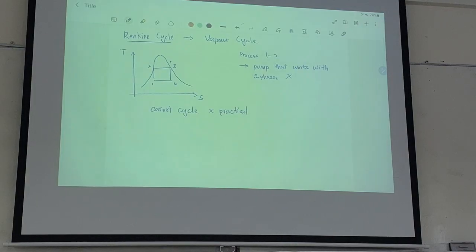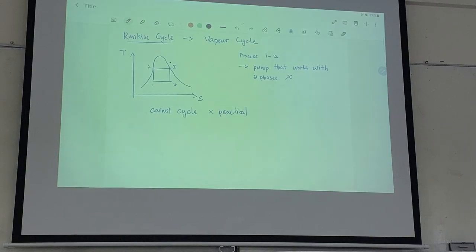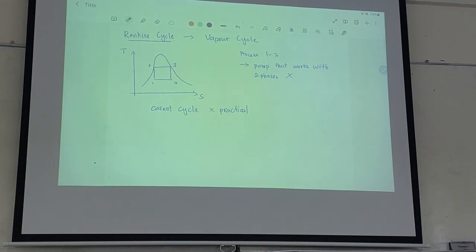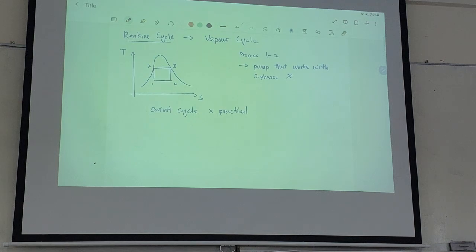Because we either have a pump that works with pure liquid, or we have a compressor that works with pure gas. We don't want them to work with a mixture of gas and liquid. So if you follow the original Carnot cycle, 1 to 2 actually works in a mixture phase, which is something that we don't want.